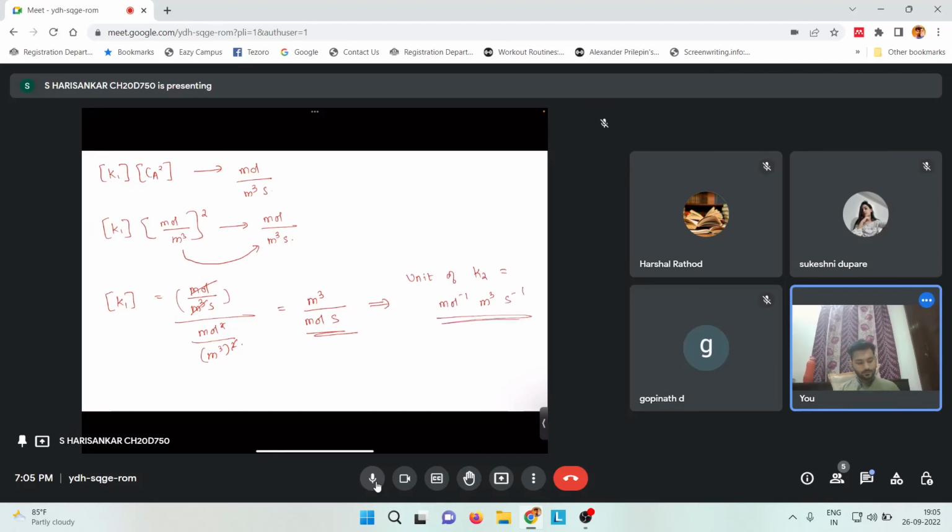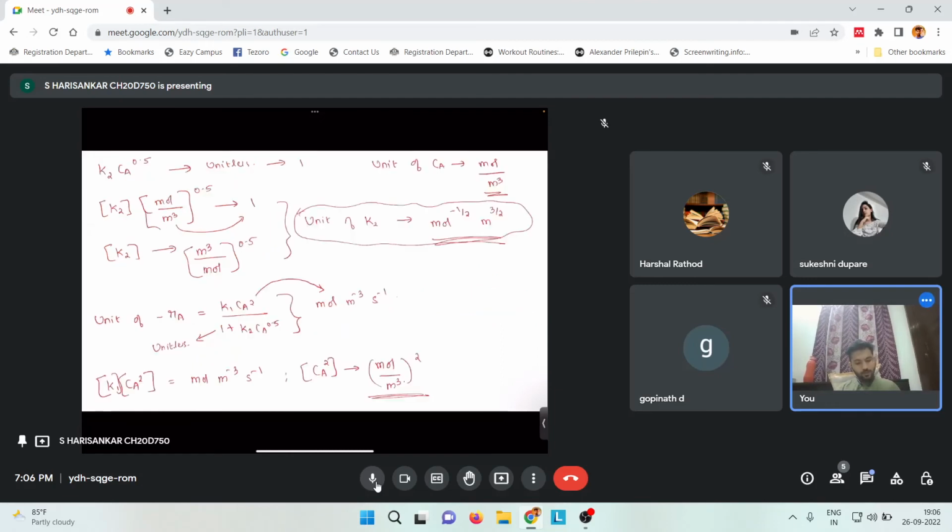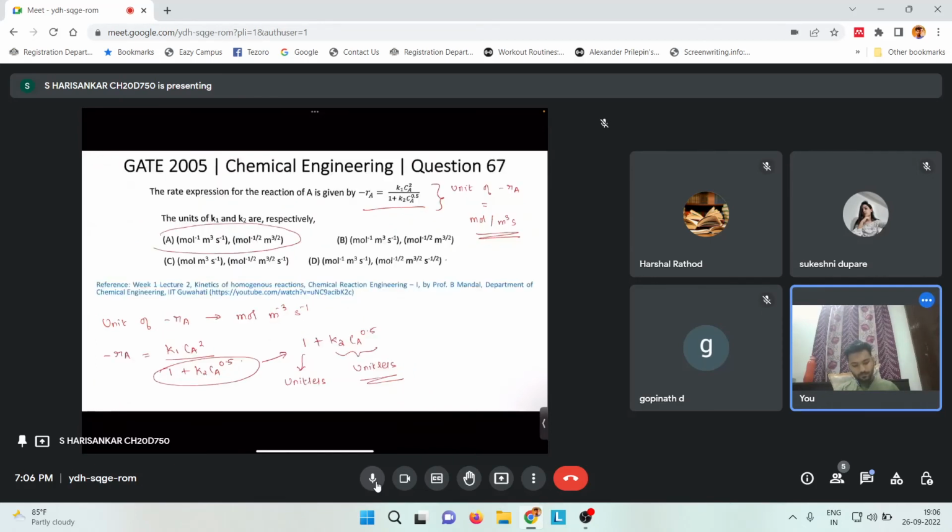Okay. So now we look for this unit of K1 in the options. Option A suffices these units.